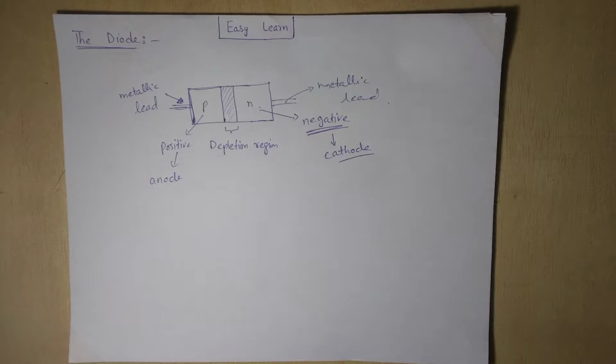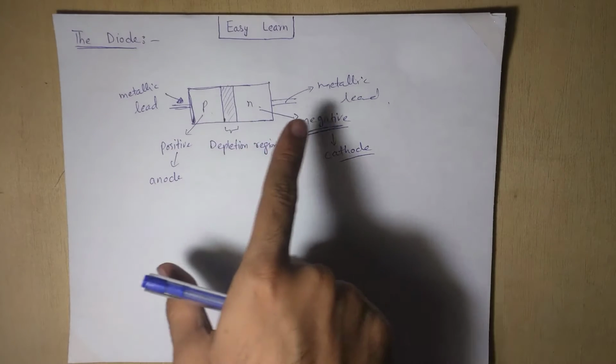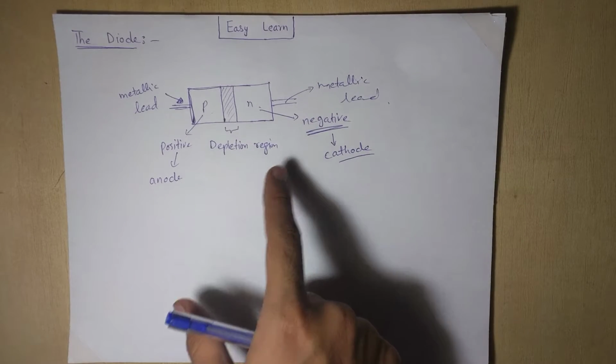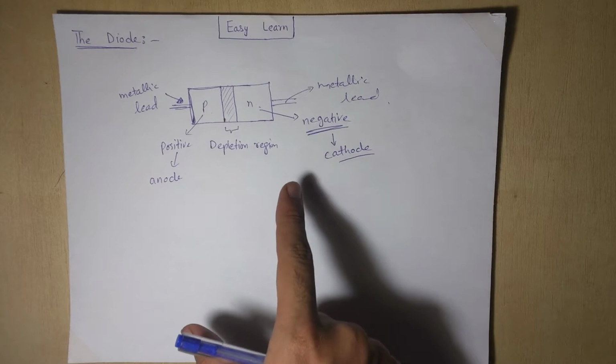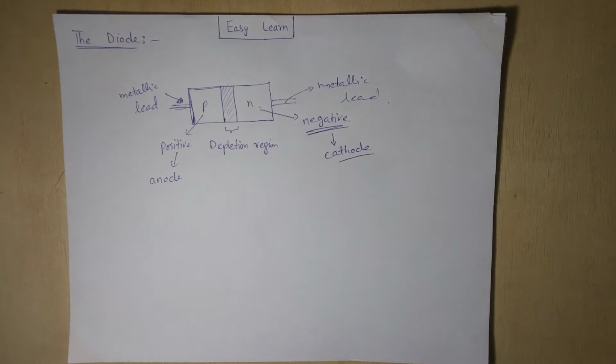Both of these are connected to conductive terminals, to the external source with the battery. The anode is connected to one conductive terminal, and the N region, or you can call it the cathode, must be connected to the second conductive terminal.